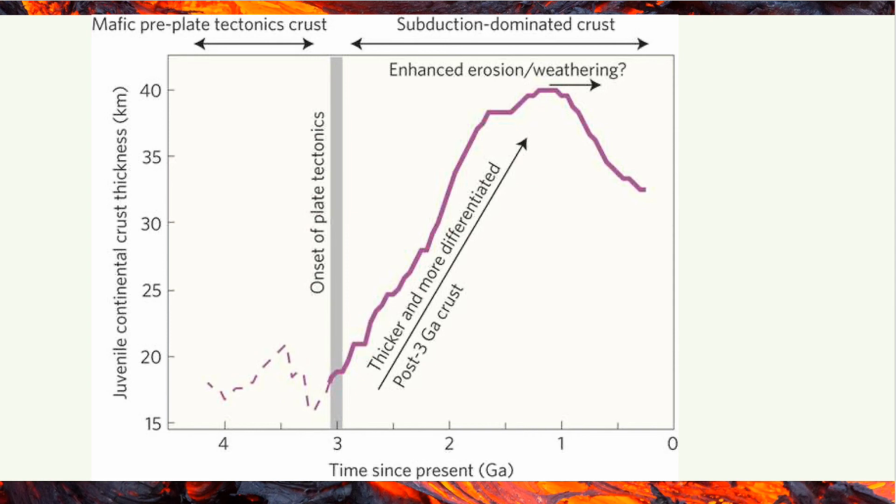So this beginning of the supercontinent cycle is really where plate tectonics itself starts. So it's probably not true to say that plate tectonics has happened throughout Earth history, because it's very likely for the first 1.5 billion years of Earth history, plate tectonics was not occurring in the way that we recognize it today.